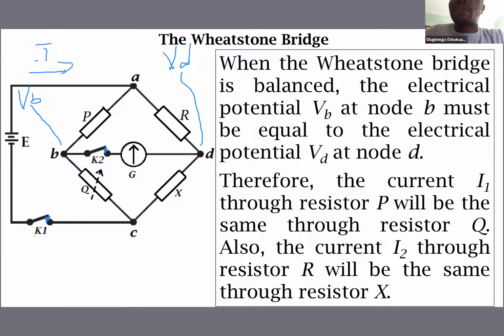And the current that flows through P to be I1. The current that flows through R to be I2.